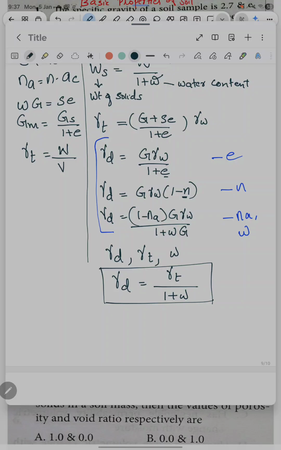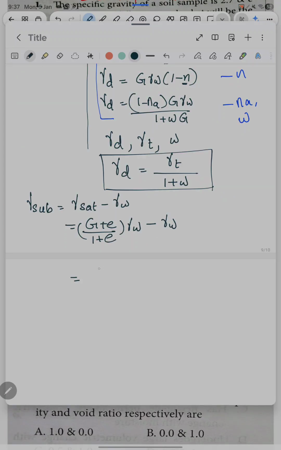Next we are going to study submerged unit weight: saturated unit weight minus unit weight of water. If it is saturated, S = 1, so γsub = (G + e)/(1 + e) × γw - γw. On solving we get γsub = γw(G - 1)/(1 + e). This is also an important equation for gamma submerged.